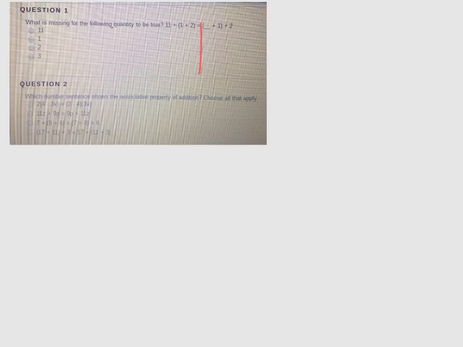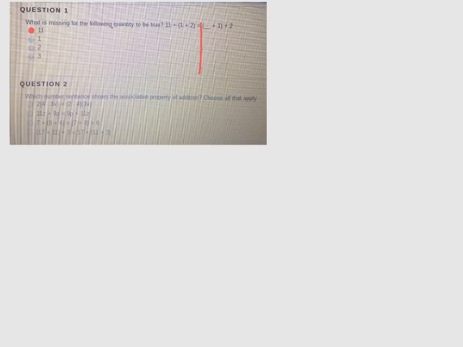And you'll see that it says 11 plus 1 plus 2, and the parentheses have moved, and you notice that the 1 and the 2 are still there, but you're missing something in the front. And so if you look here, the 11 was in the front, and then it was 1 and 2. So the 11 is what's missing. That is your answer. So pick the first one.